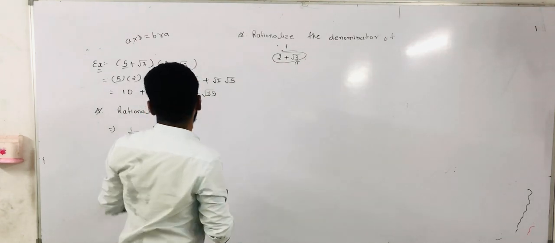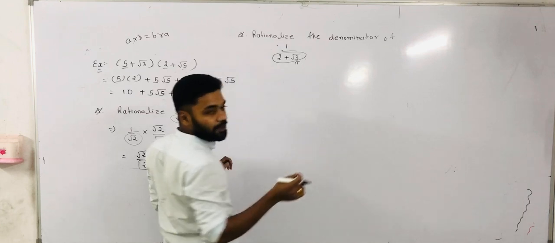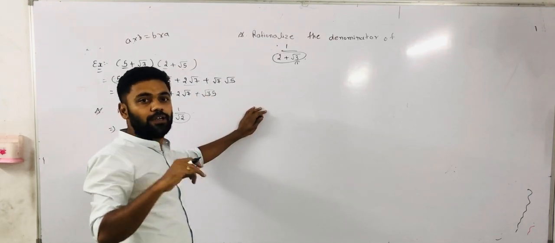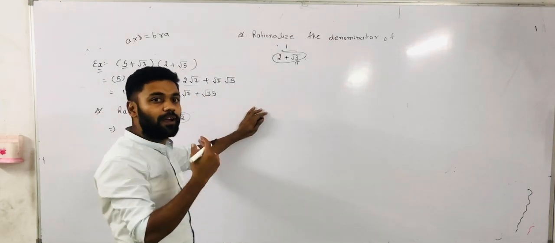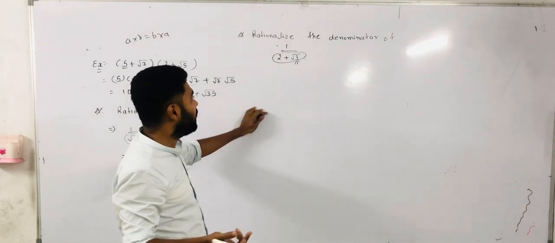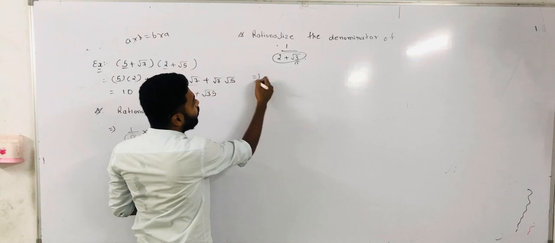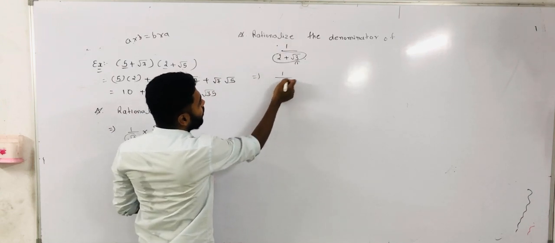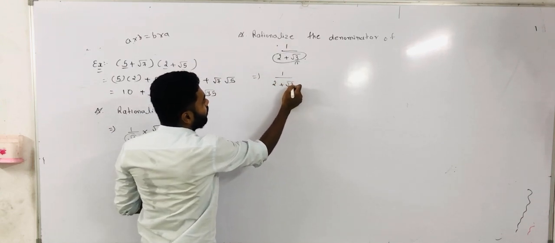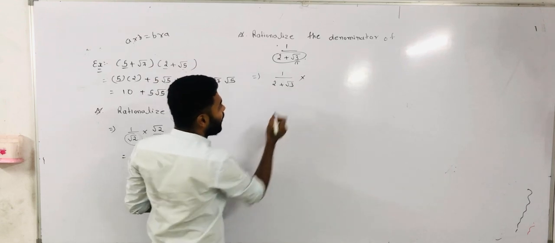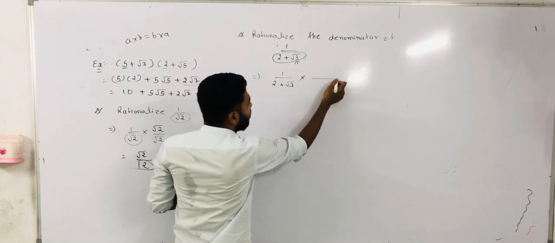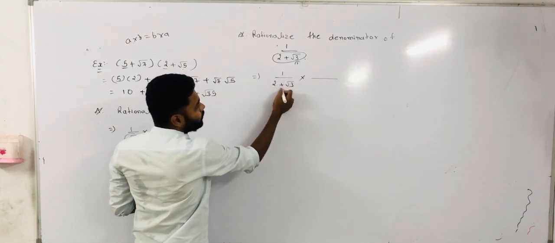So simply, what we saw earlier in operations on real numbers, that root a plus root b into root a minus root b equals a minus b, will be applicable over here. If you want to rationalize the denominator, then multiply and divide by minus if you are given plus over here.